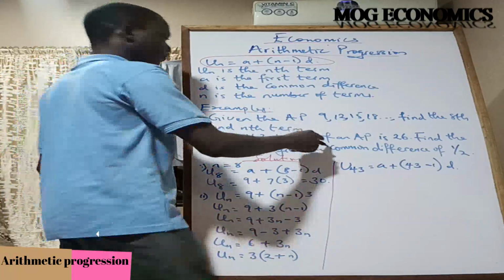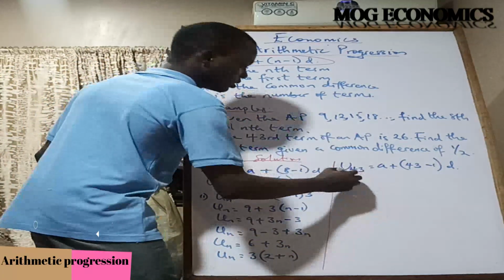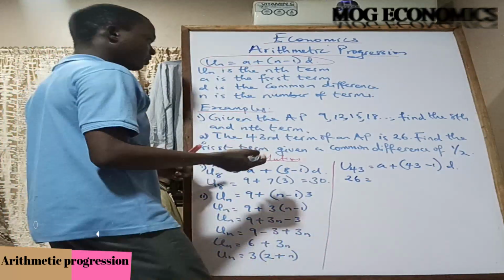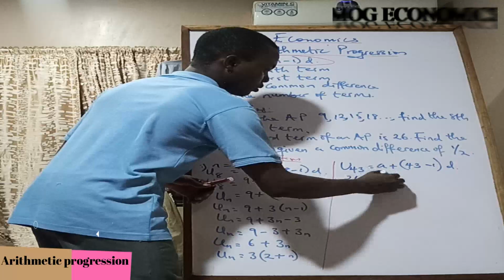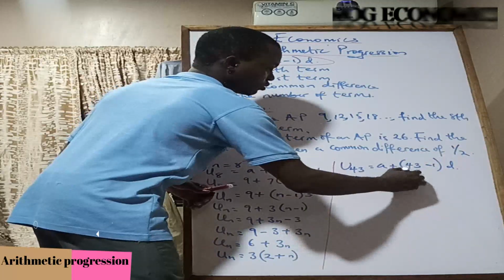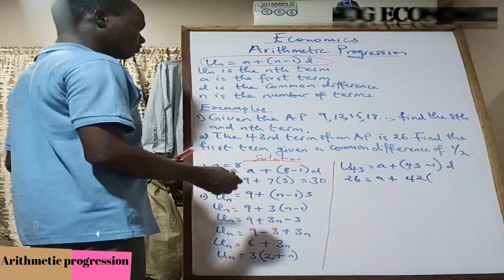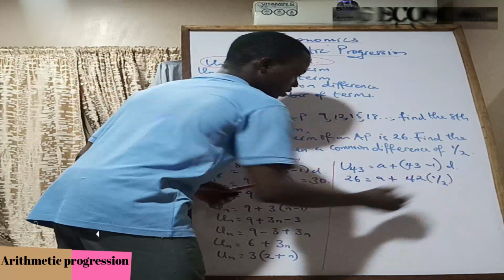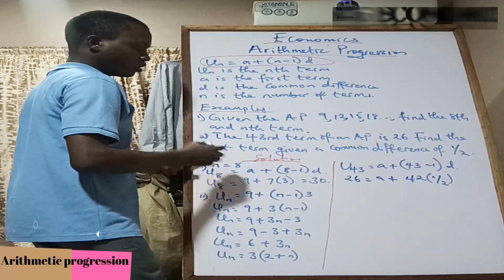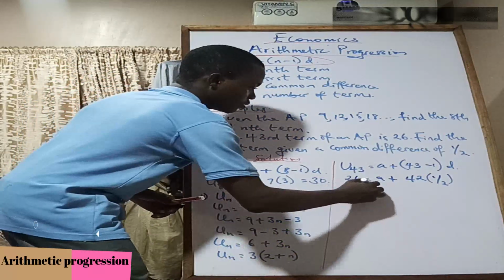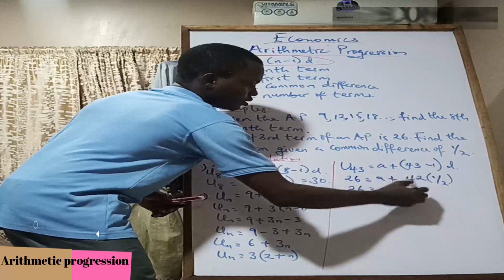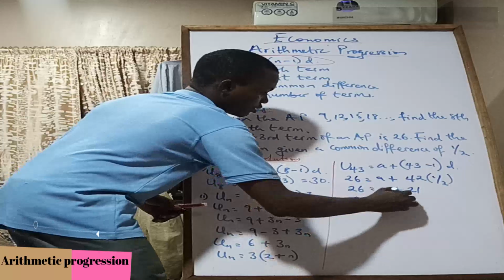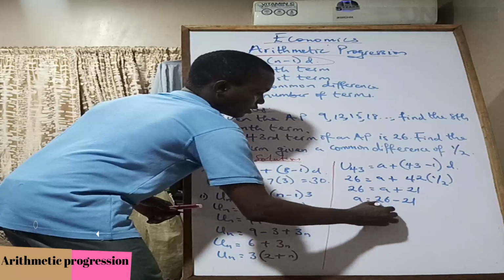It says the 43rd term has been given as 26, so 26 equals a plus 43 minus 1, which is 42, and we're given a common difference of half. So 26 equals a plus 21, then a equals 26 minus 21, a equals 5.